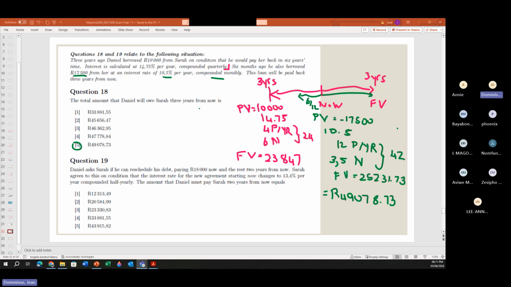Okay, so this is one where you needed to look at, and why I wanted to show this, it is also very important that I always like to draw the timeline.